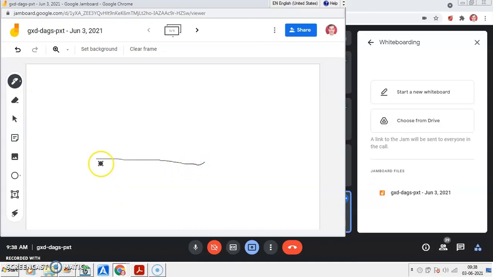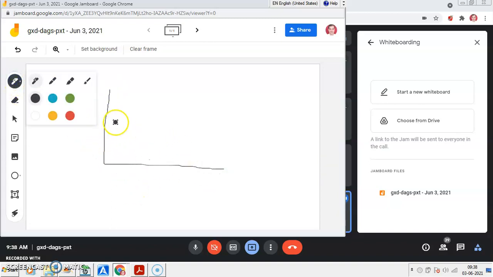Normally, you may have x and y axis. Normally we have y axis, we have x axis, okay, and the curve is like this.